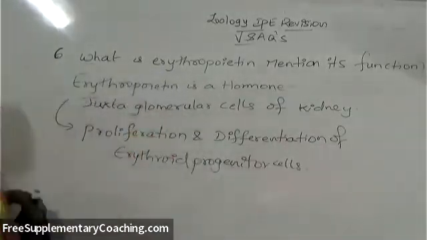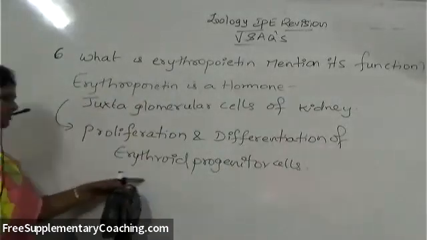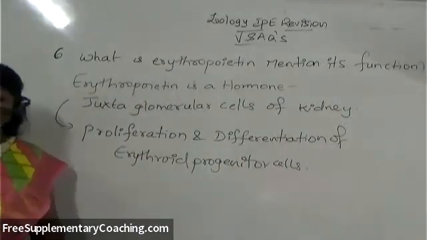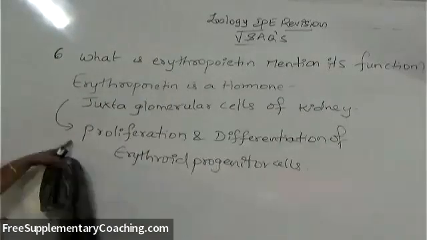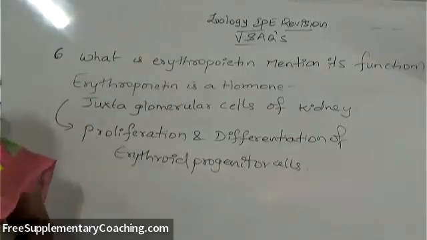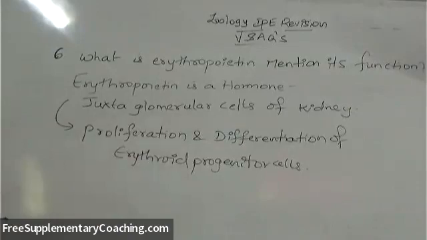So erythropoietin is a hormone which is secreted by juxtaglomerular cells of the kidney, and the function is proliferation and differentiation of erythroid progenitor cells. So that is erythropoietin.